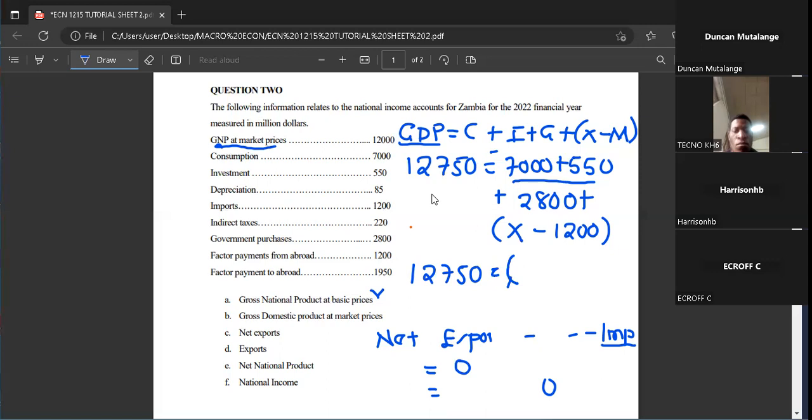Let me just try to calculate as well here. What answer did we find?